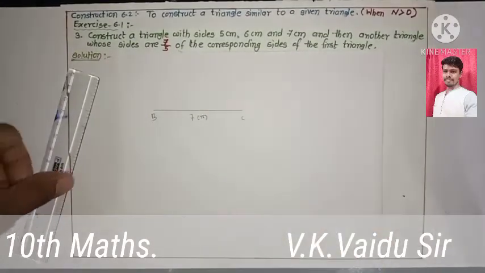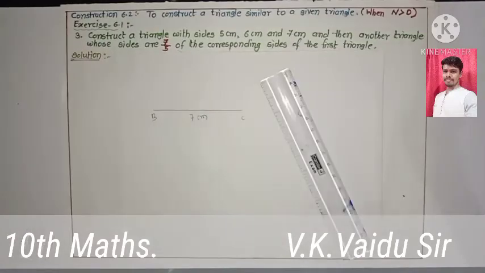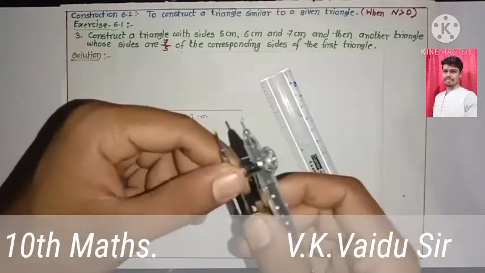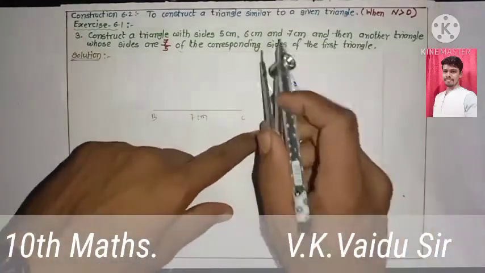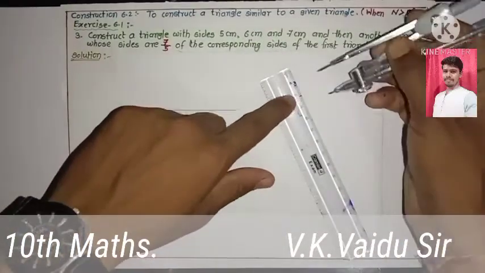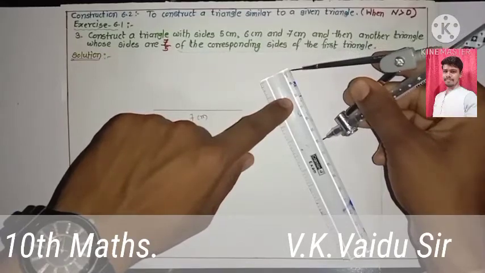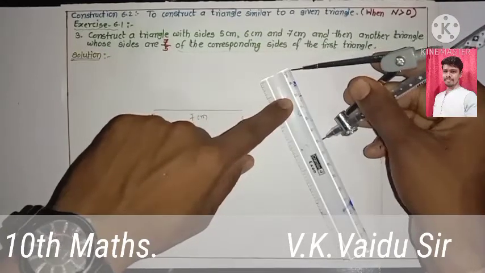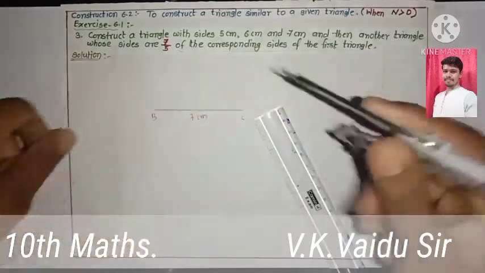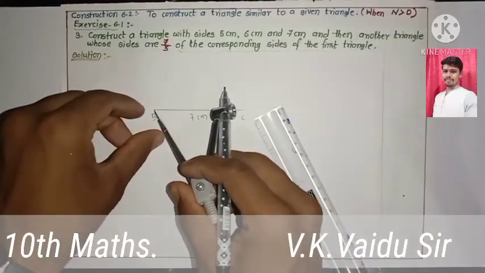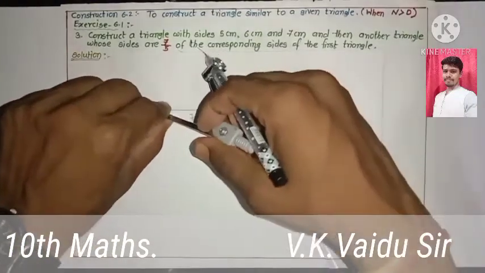Step 2, take a compass. In the compass take 6 cm from your measuring scale, from 0 to 6. Put the needle of the compass on point B and draw one arc.